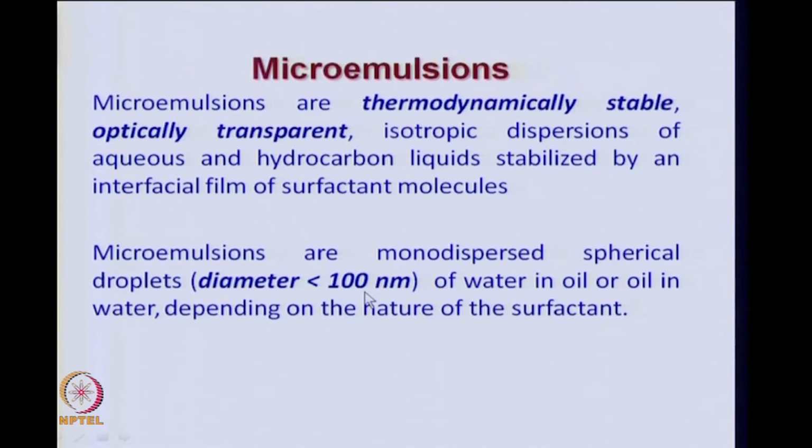We can control that, and that depends on the nature of the surfactant and of course, the amount of water and solvent, etc. So, microemulsions are monodispersed spherical droplets of water in oil or oil in water. Of course, we can also have microemulsions with certain different types of organization of the surfactants.